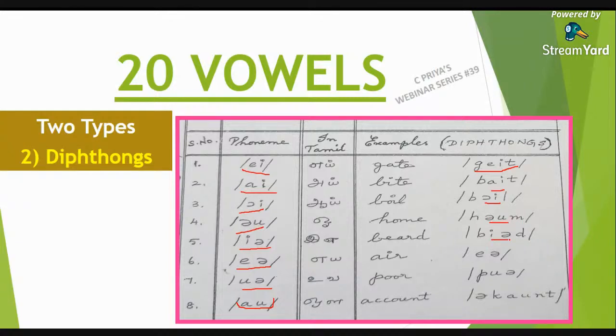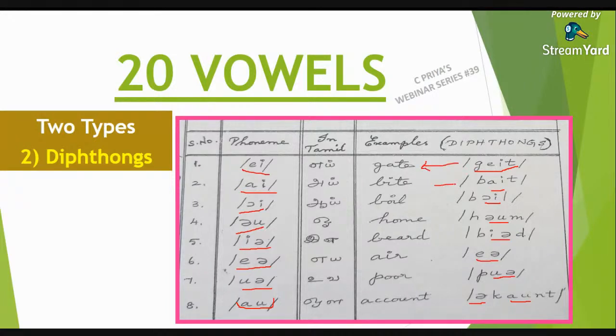B, ear, beard. R remains silent. This one, ear. This one, over. Already we know from pure vowels, this is A. For diphthongs, this is ow sound. Right? Now we go to the word.